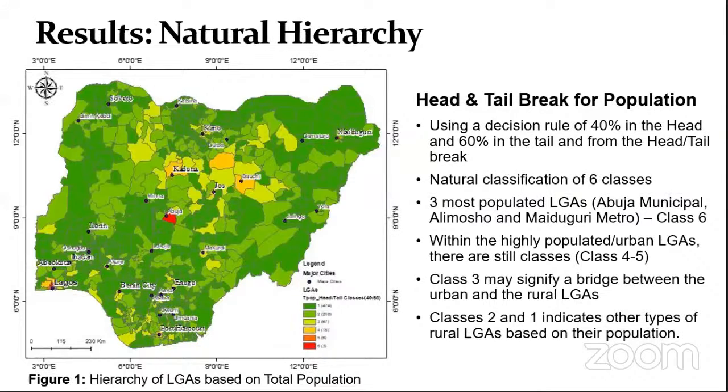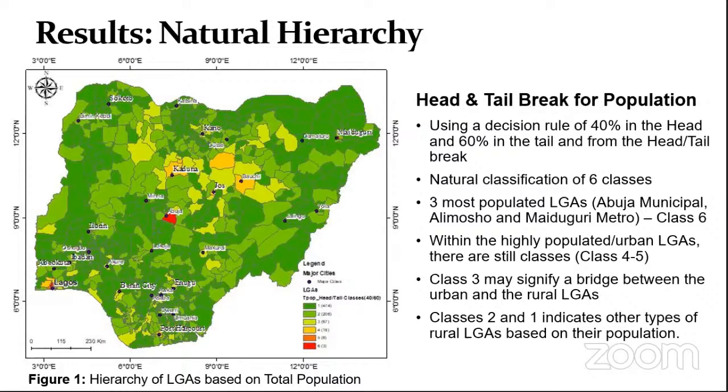Then let's look at the natural hierarchy that is formed. For this, we use the head-tail break algorithm, which means we want to find the natural classifications within the attributes that we are interested in. If we look at population, we realize that there are about 6 classes. Sorry about that. The usual rule of thumb is that we think of urban and rural local governments in terms of population.